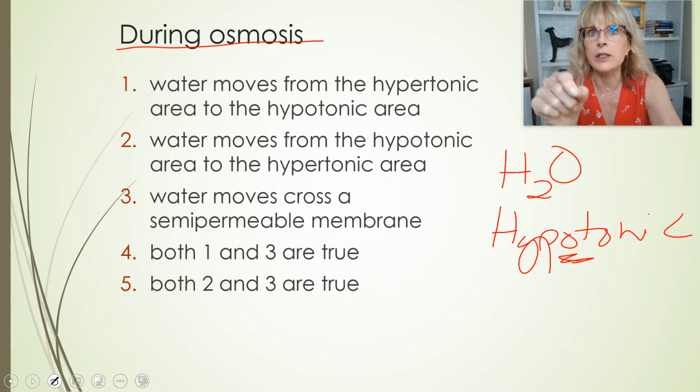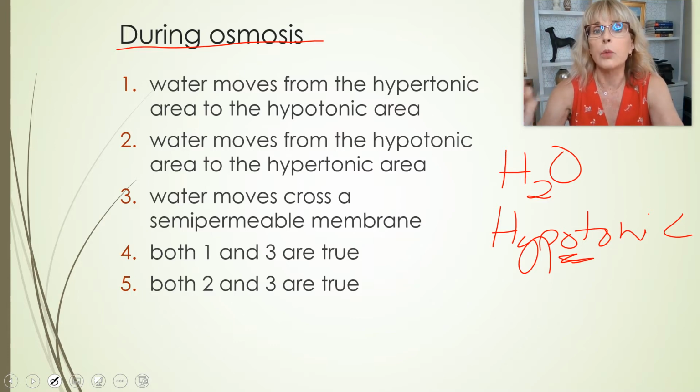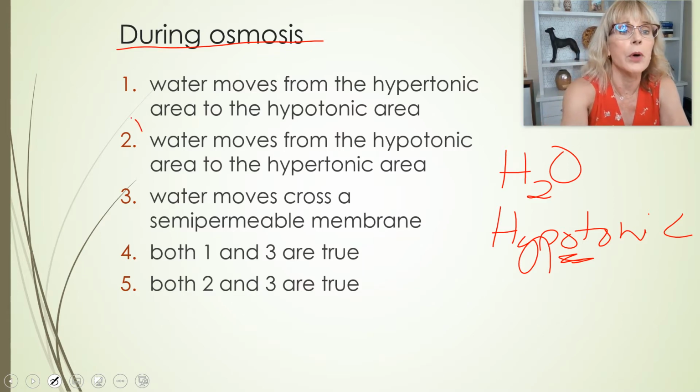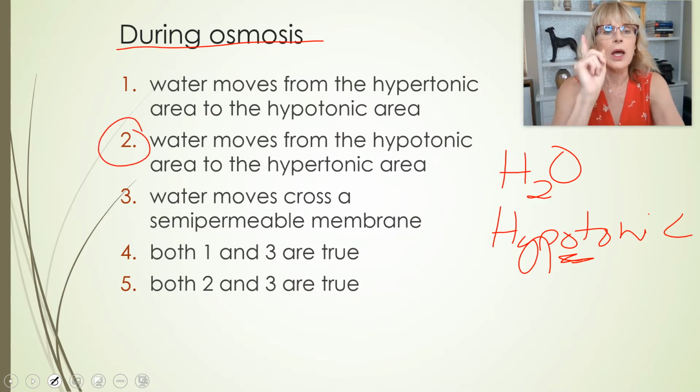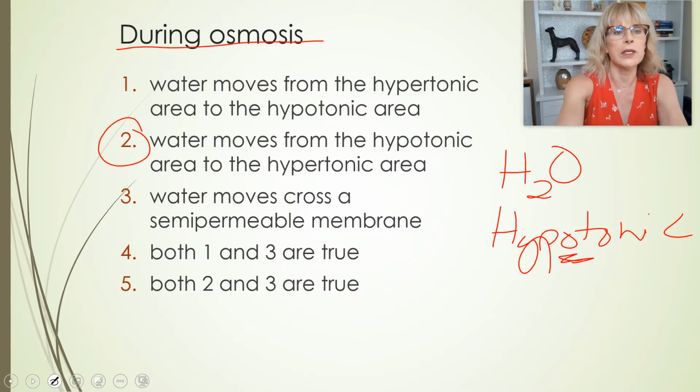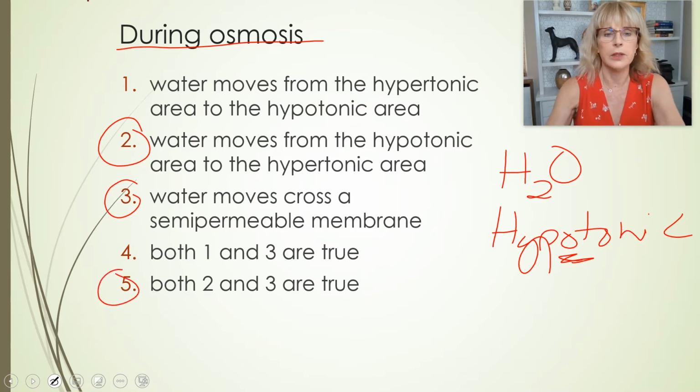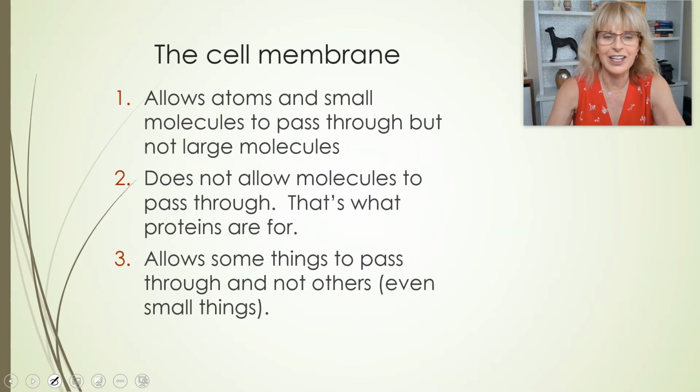And if I drop a raisin into a glass of H2O, hypotonic, the water goes into the raisin, so it moves from the hypo to the hyper. Does it move across the semi-permeable membrane? Yes. So 2 and 3. Final answer, yes.